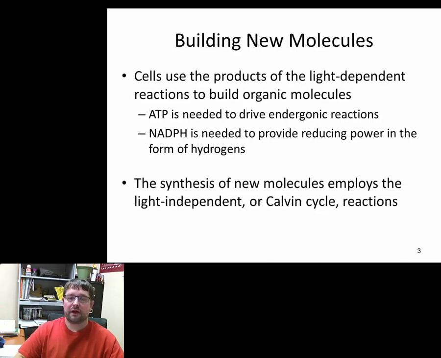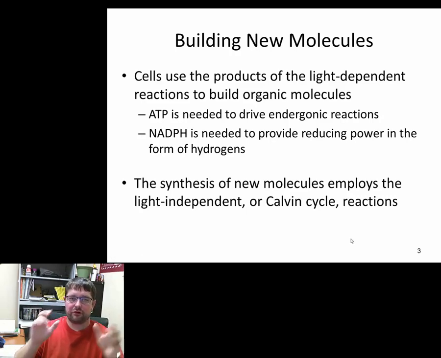The Calvin cycle is really just the construction of new molecules from simpler molecules, utilizing energy from the light-dependent reaction. Again, it can be called the light-independent reaction or the Calvin cycle.